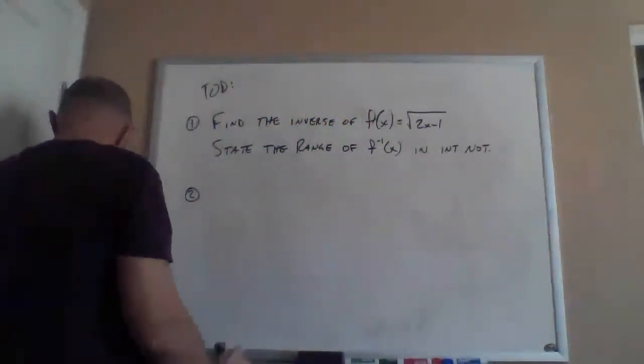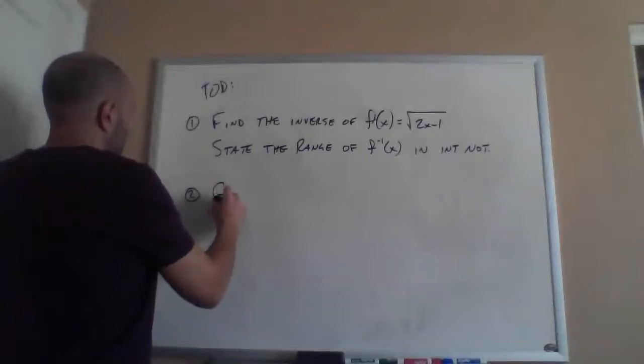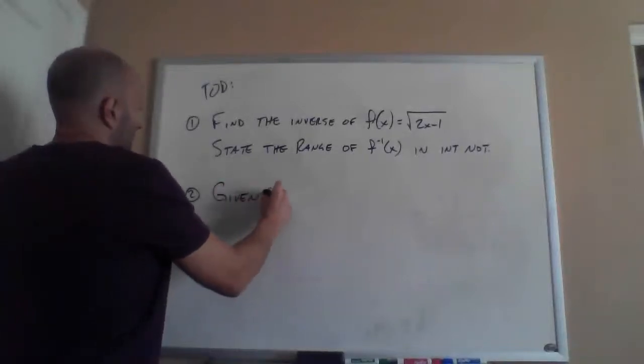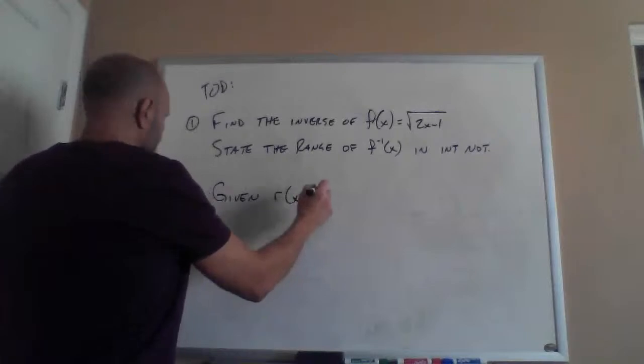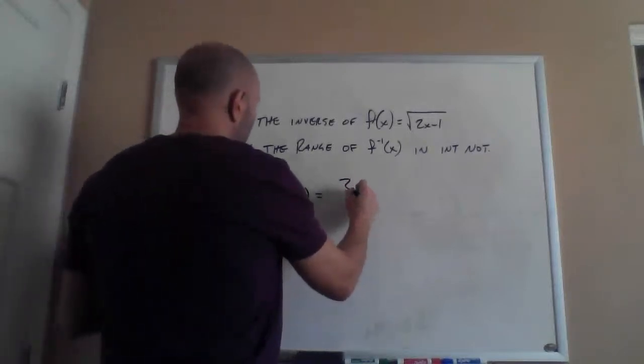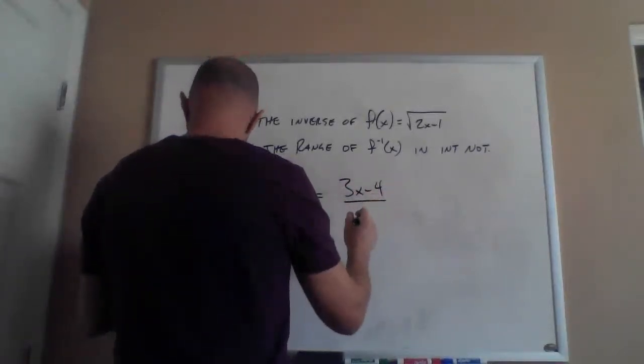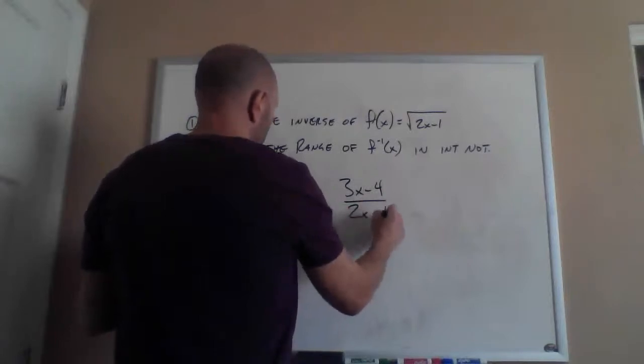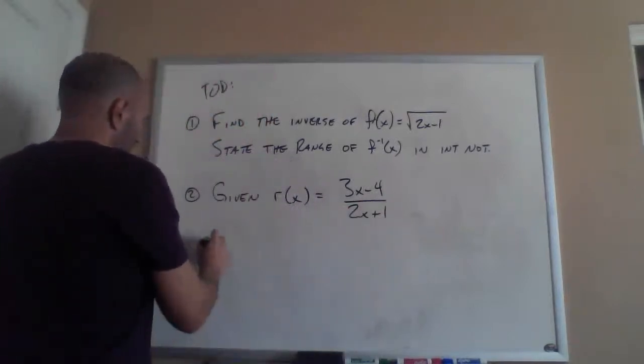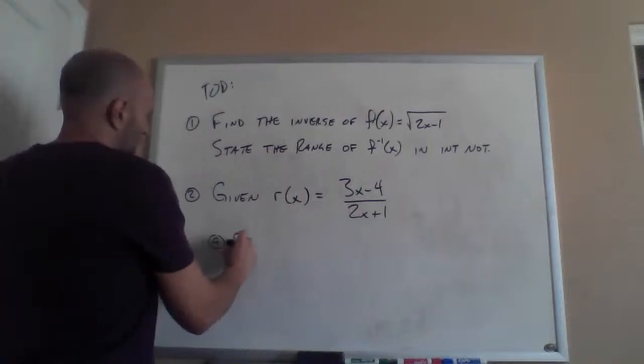And then number 2, given r of x is equal to (3x minus 4) over (2x plus 1), find the following.